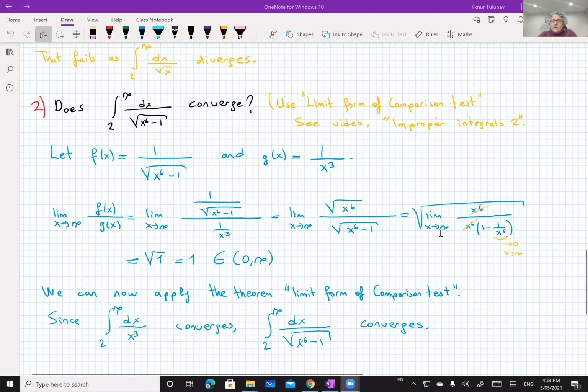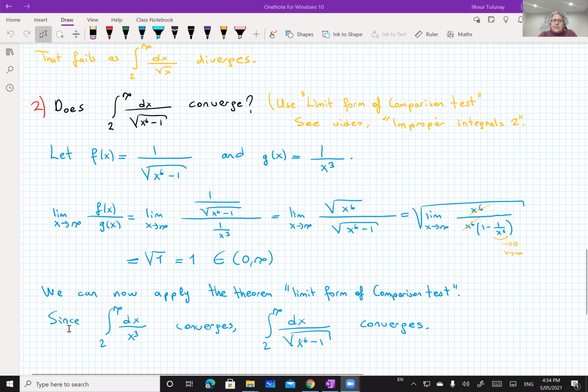I can take the limit inside the square root as well. So when x goes to infinity, this quantity will be 0. Then the only thing left will be 1. So the square root of 1 is 1, which is a number between 0 and infinity. Then we can apply the limit form of the comparison test.